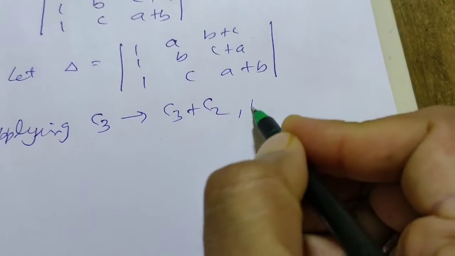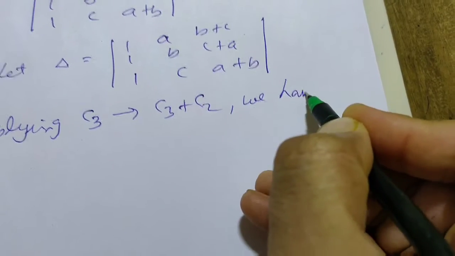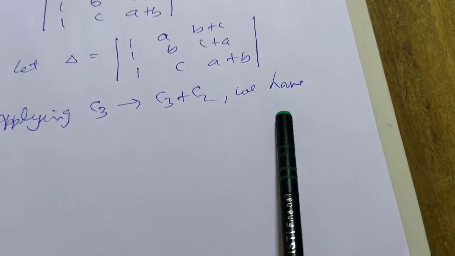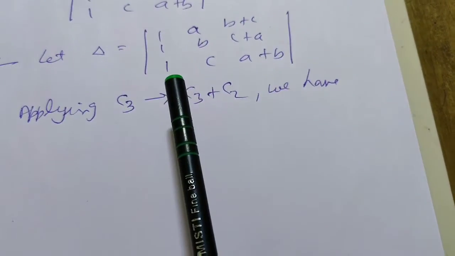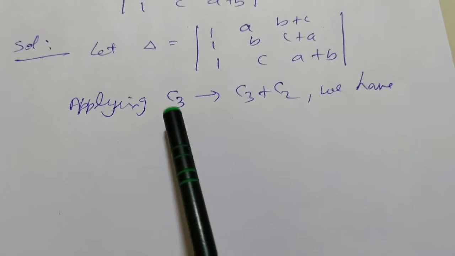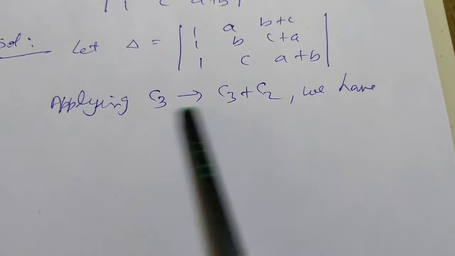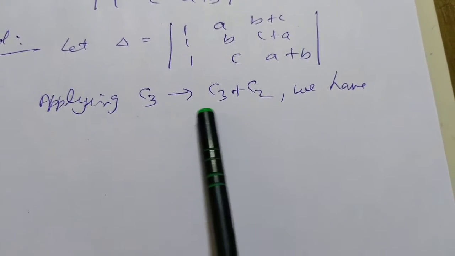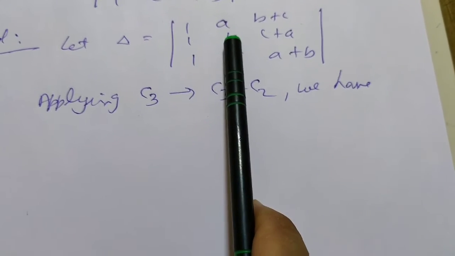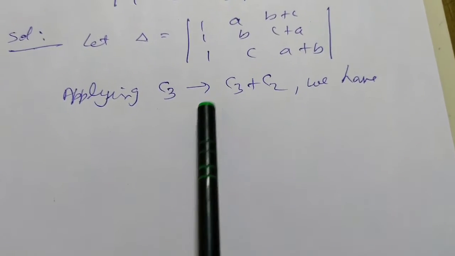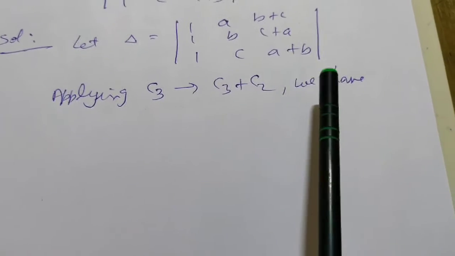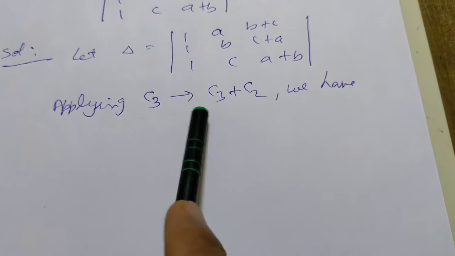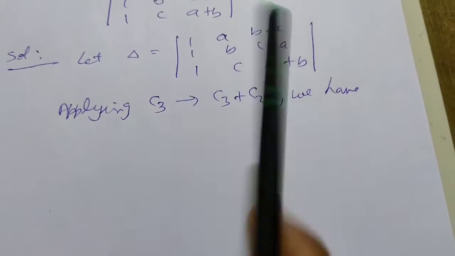We have, it is very important to write "we have", because sometimes there may be confusion to the examiner whether this application is for the upper step or for the step which is going to come below this. So it is important to write "we have", meaning we are working this one for the above one.